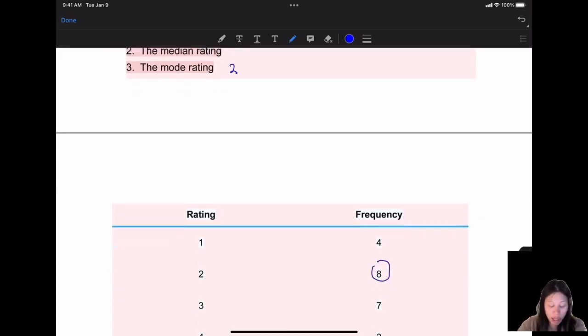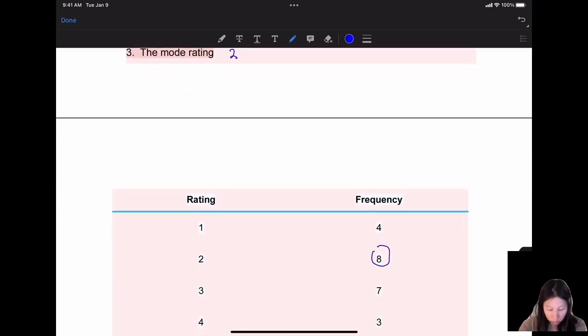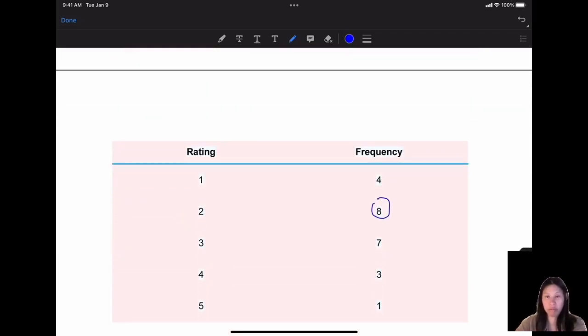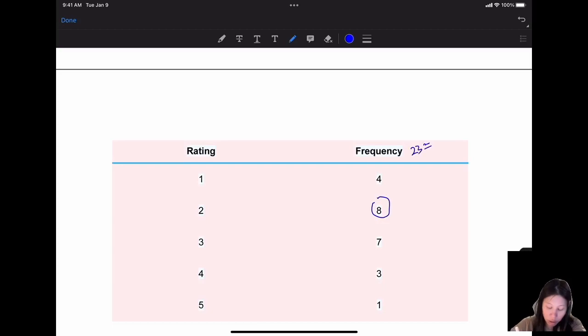So what would be the mean? How do you find mean? So there are totally how many ratings we got? As we add this all together, we have 4, 12, 19, 22, 23. So the number of people surveyed is 23. And now let's find out the mean. Remember how to find the mean?